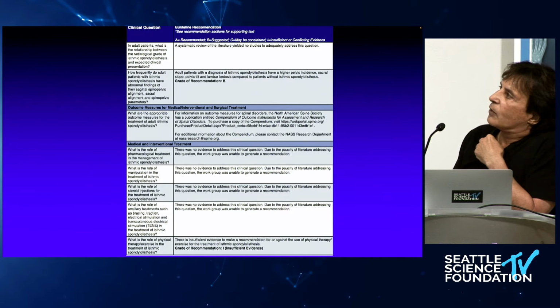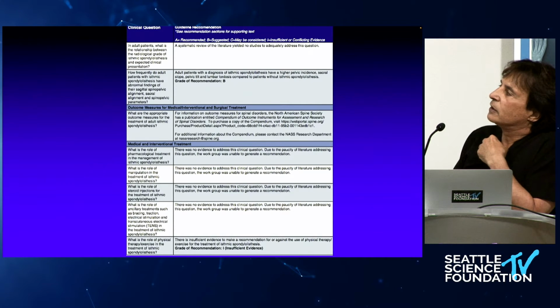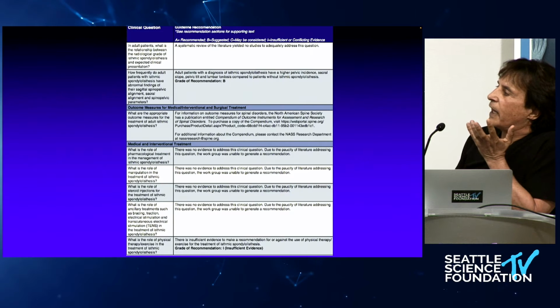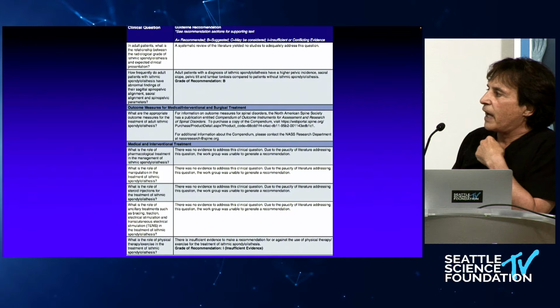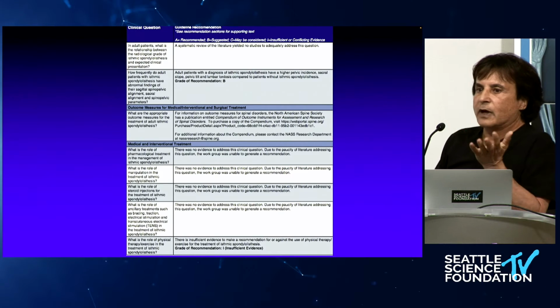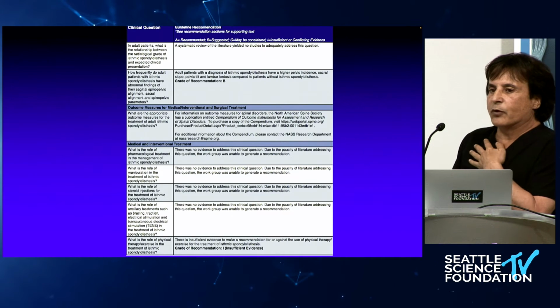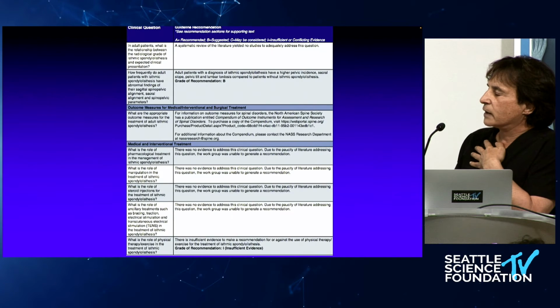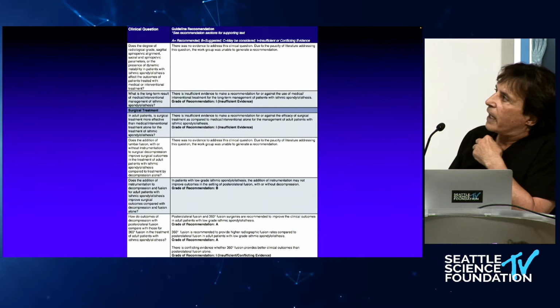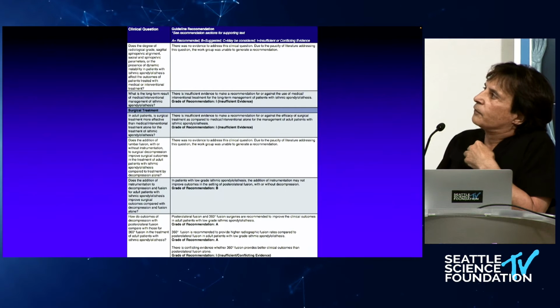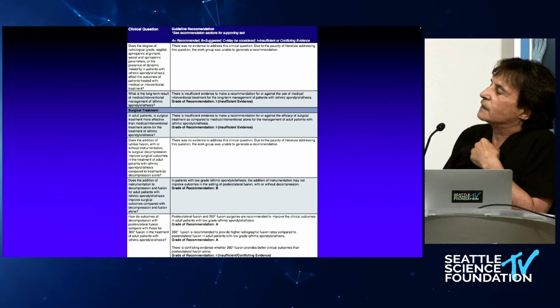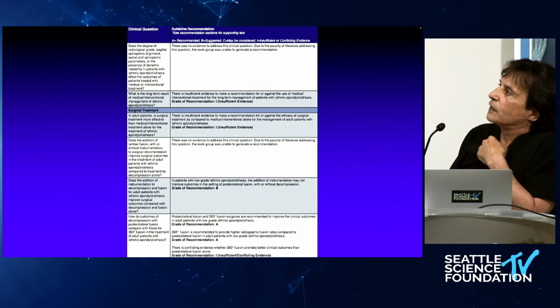In adult patients, what is the relationship between the radiological grade and the expected clinical presentation? Very little evidence to support that. Inconsistent. What is the role of manipulation? No evidence for that. And other conservative modalities, no supportive or inconsistent evidence for that. Do the degree of radiological grade and sagittal spinopelvic alignment matter?